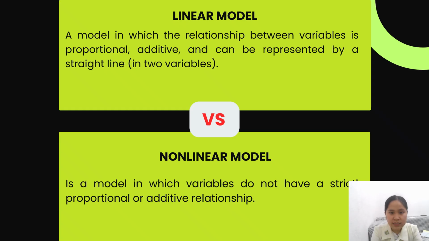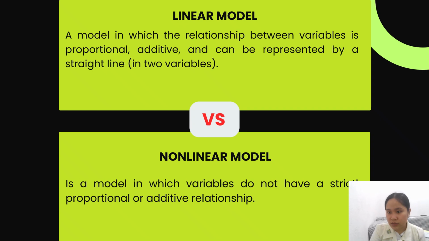Yung variables is not proportional or constant, tsaka nagbabago siya pero hindi laging parehas. Tsaka yung graph niya sa nonlinear, magpo-form siya ng curve or not straight line, unlike sa linear, lagi siyang straight line.